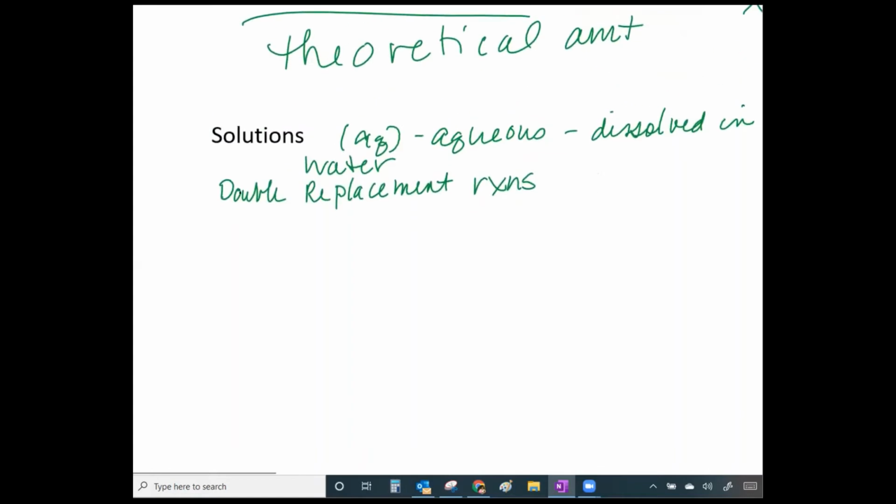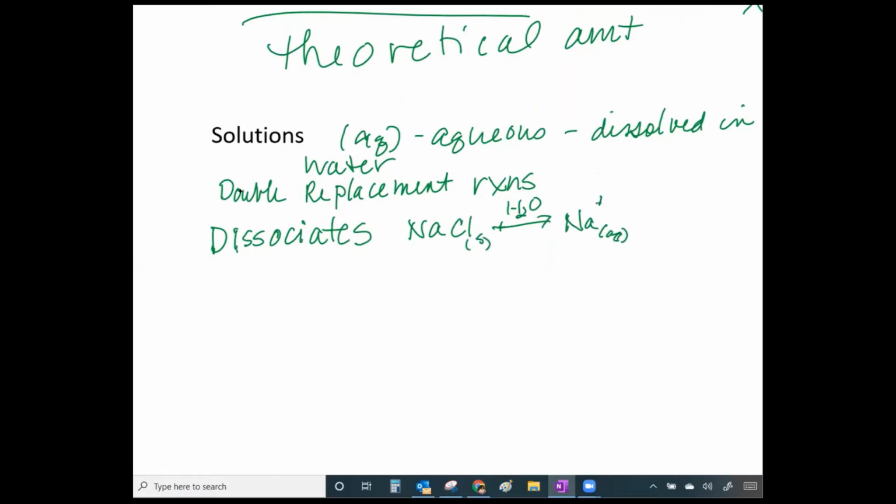Now, what does it mean if something dissociates? I'm doing it out of order again, but that's okay. If it dissociates, that means when you put it into water, the water particles are strong enough to pull those ions apart and cause them to be floating around in the solution.